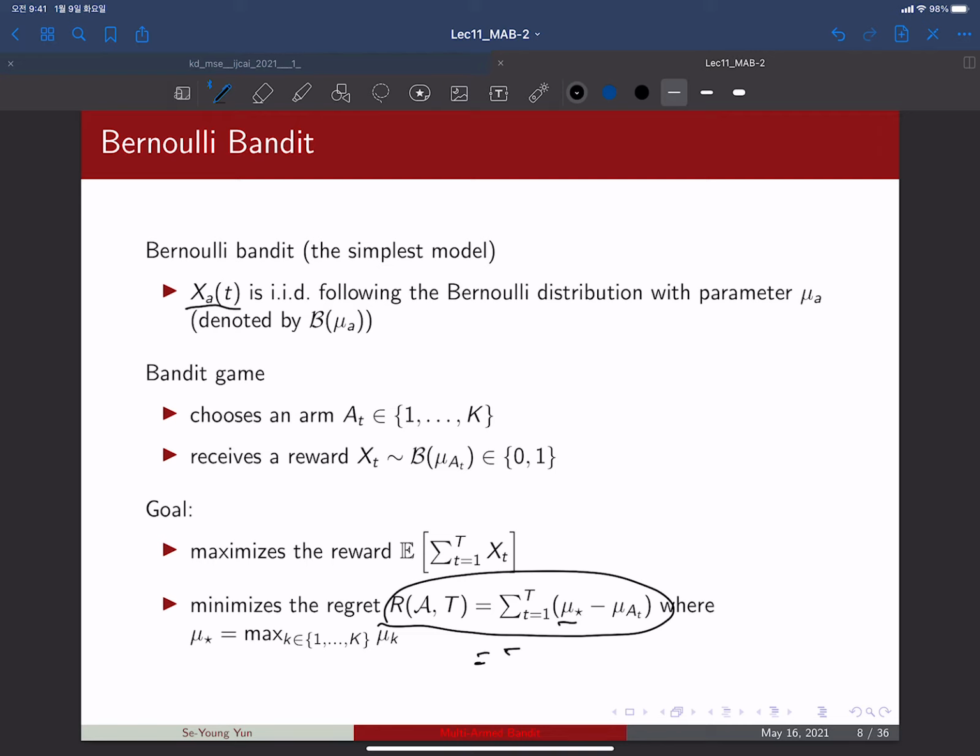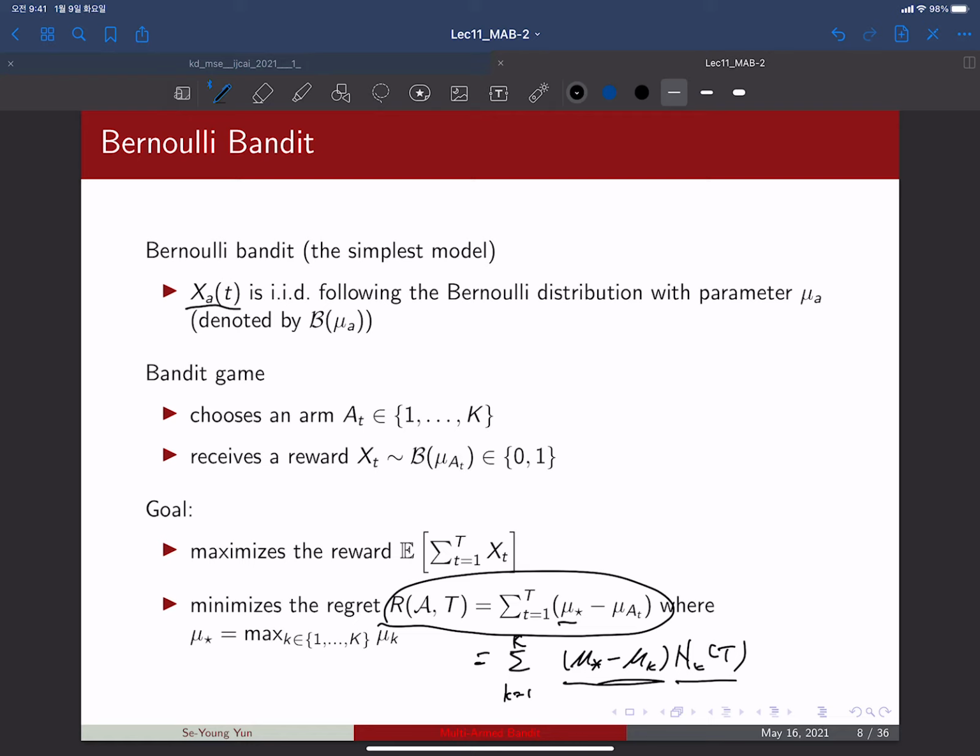Regret is simply this: summation over small k equal to 1 to capital K of mu star minus mu k times n_k at capital T. So the regret is the reward difference times the number of plays of each arm.